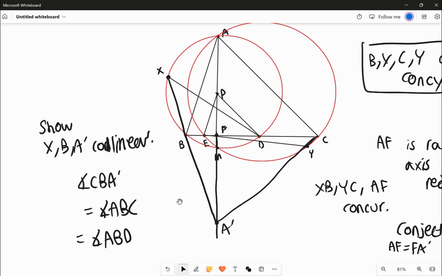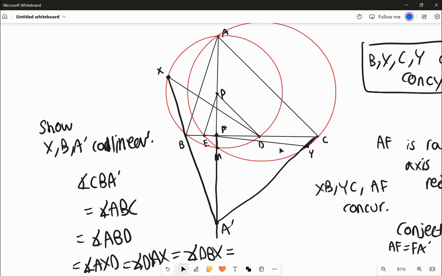And this is also equal to, because there are cyclic quadrilaterals, directed angle AXD. But now here's where the isosceles triangle comes in. DXA is isosceles with DX equals DA by definition. So that means that this is just equal to directed angle DAX. And then after some more cyclic quadrilaterals, we get DBX.